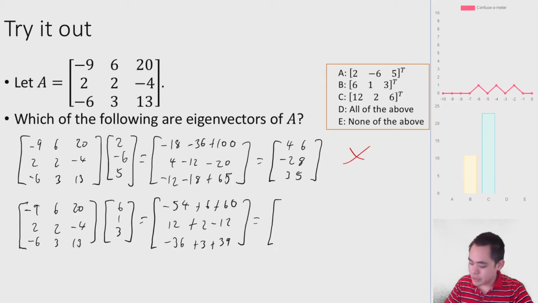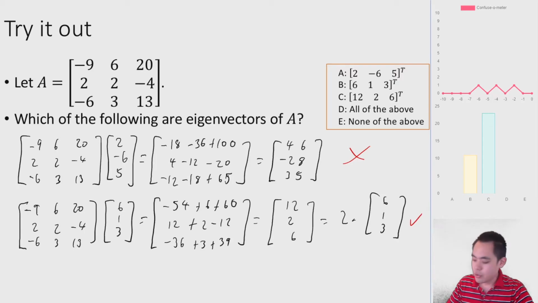And when you multiply that out, it turns out it's going to be 12, 2, and 6, which is equal to 2 times 6, 1, 3. So therefore, B is an eigenvector. And note that C is also an eigenvector, because this is equal, so C is also an eigenvector.